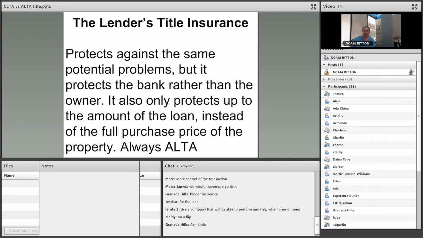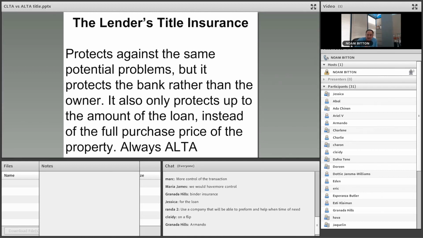So when the buyer is taking a loan, the title is also insuring the lender, covering the lender against any potential problems. It protects the bank, not the owner. This is an additional policy that the buyer usually pays part of the initiating cost.